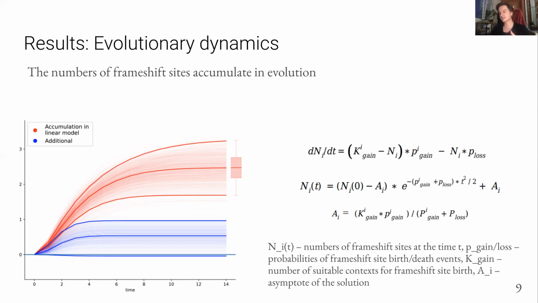So the sites are accumulating. We have a differential equation here which we solve, and we get projections of the frame shift site numbers over time. We see that the frame shift site numbers are expected to increase several folds in the course of a long time.